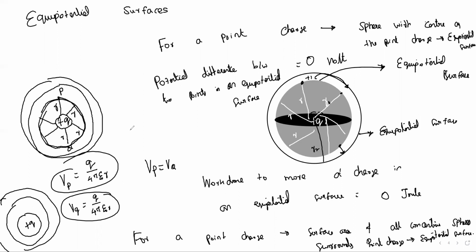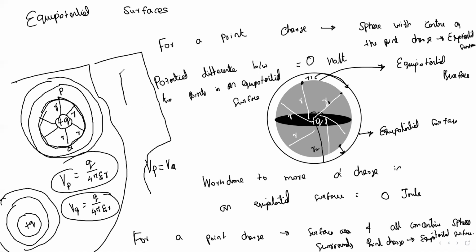Then, for example, if you have charges distributed in a line, then the equipotential surface must be a cylinder.